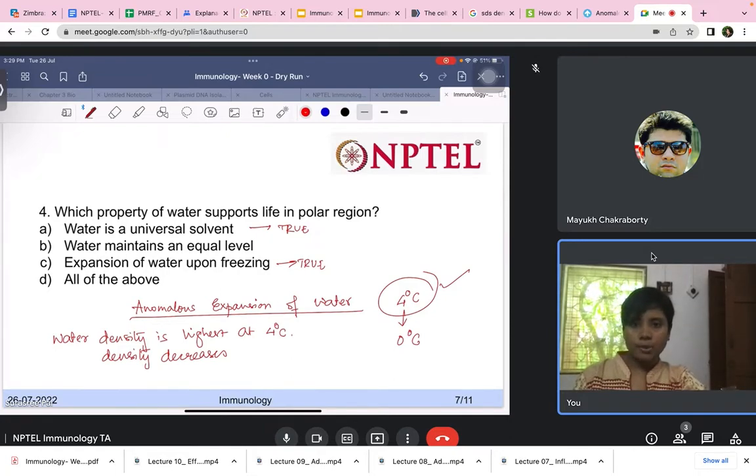So as we can understand, because of this anomalous expansion of water upon freezing, water in the polar regions, in the frozen lakes, still supports the life of aquatic organisms. So of course here the correct option is expansion of water upon freezing.